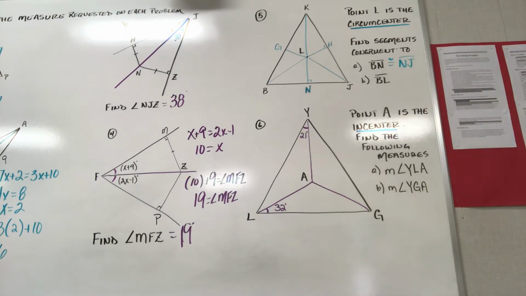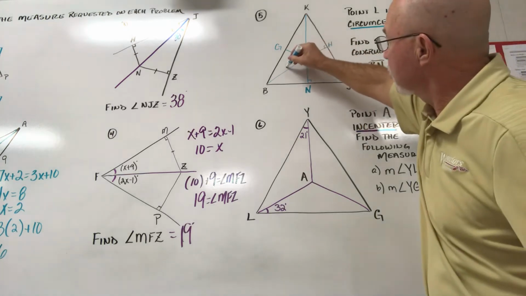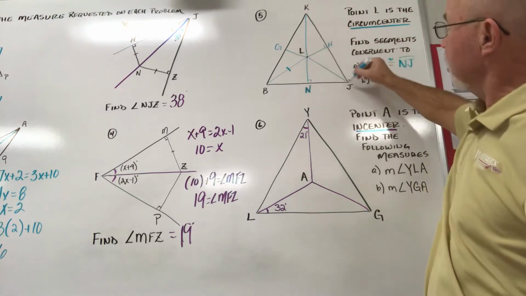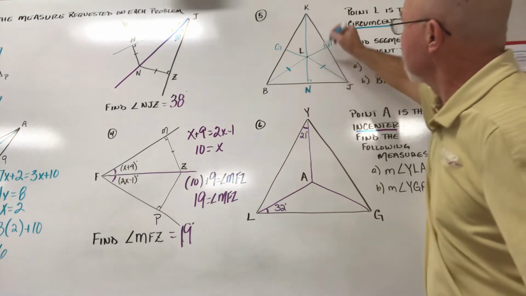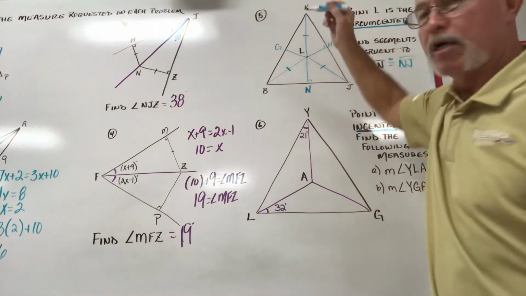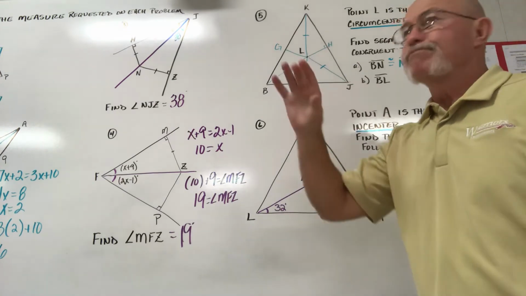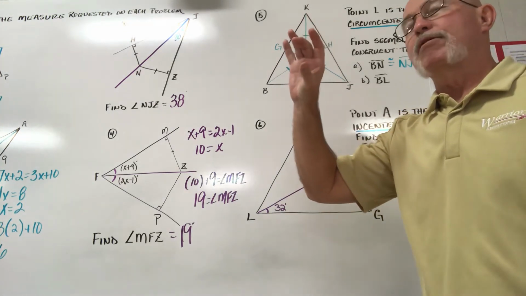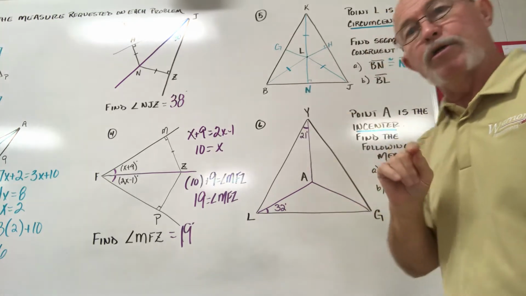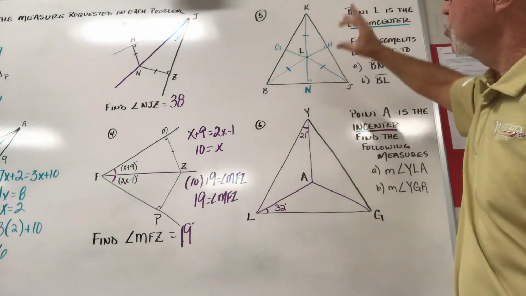And then BL, this right here, is going to be equal to this right here and this right here. These are all broken up into proportionate segments. That's the word. In this case, it's going to be 2/3 to 1/3.